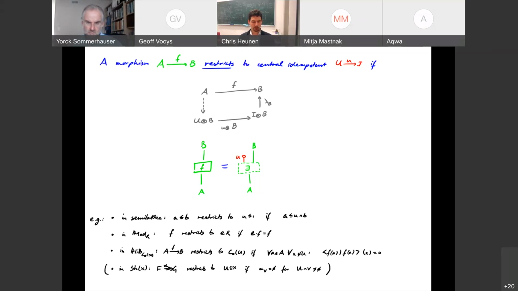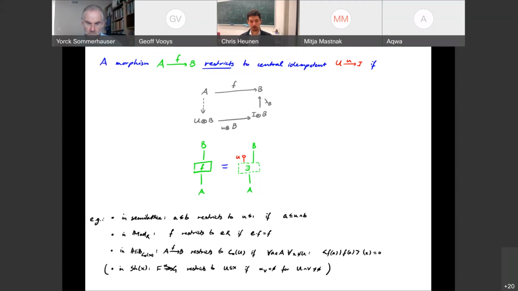So in some examples that we saw, for a semilattice, A is less or equal to B. The unique morphism from A to B restricts to U if and only if A is below U meet B. In the category of modules over R, F restricts to a central idempotent E times R exactly when E times F is F. So E is a scalar here.